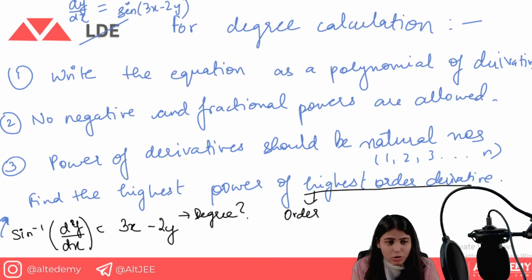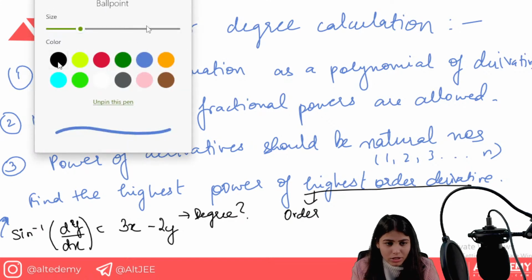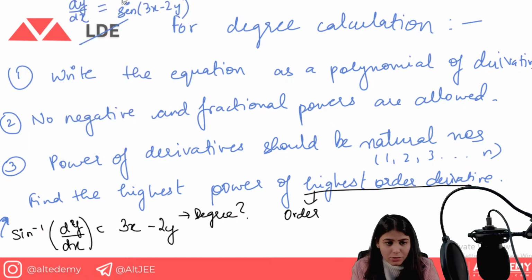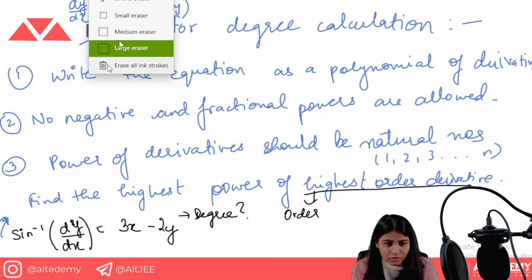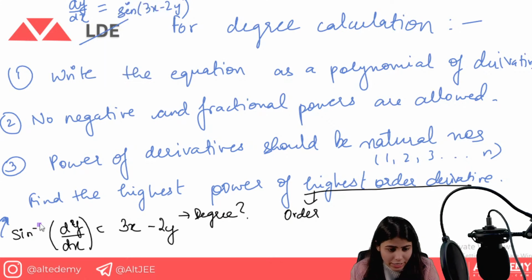The equation can also look like sine of dy by dx instead of sine inverse. Then also, what you will do is take sine inverse on both sides.